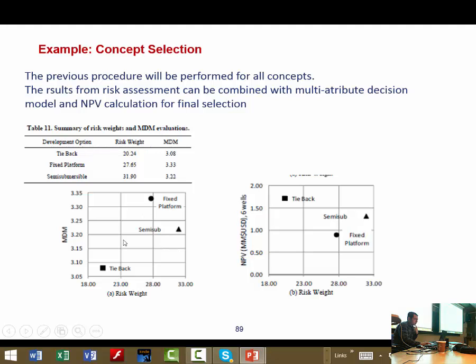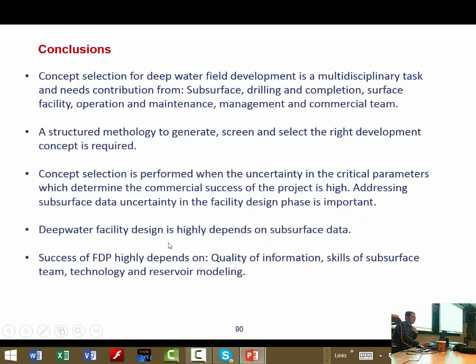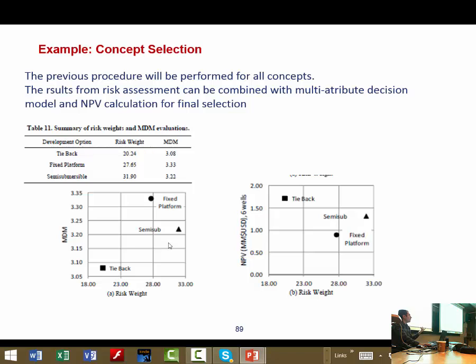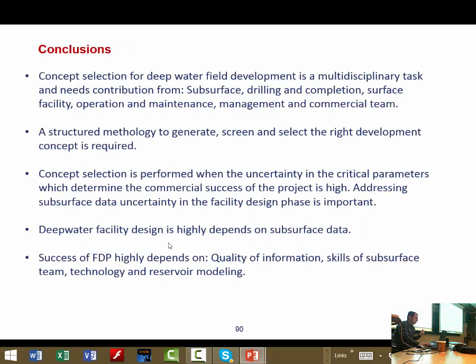So it's difficult to decide, because this one minimizes the risk, and this one maximizes the multi-attribute decision making model. And when you come here, this concept minimizes the risk and also maximizes net present value. Here it's easy to make a decision, but here it is not. How you should make the final decision is tiebreakers and operator strategy.